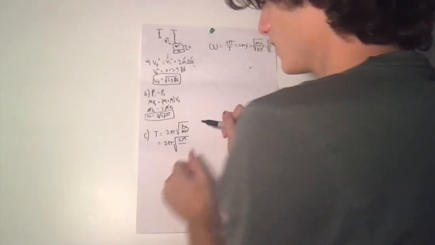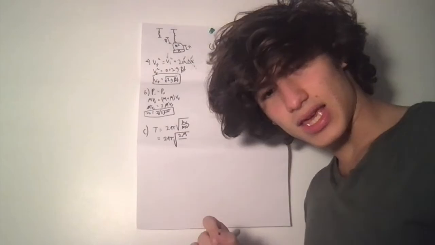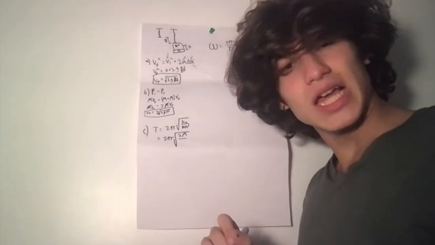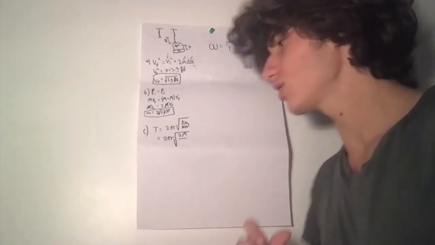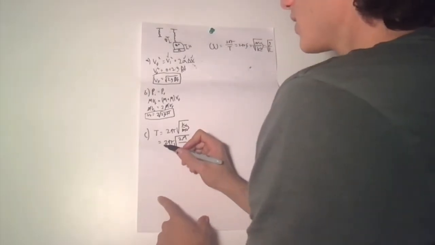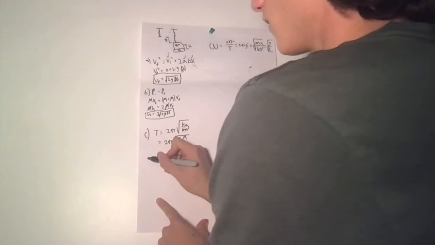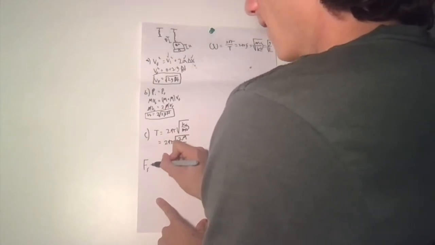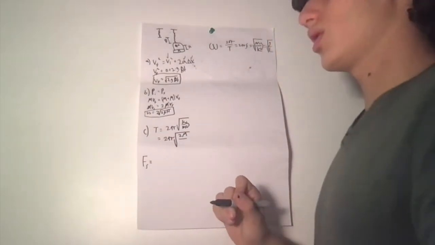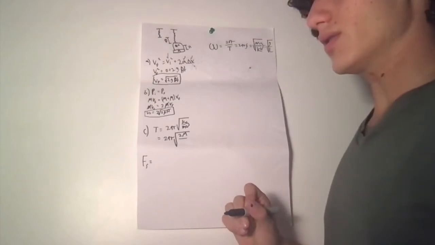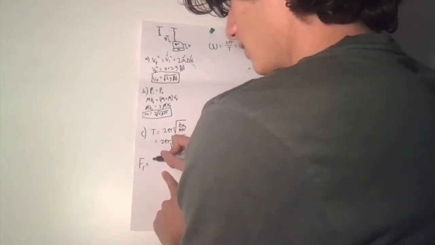I'm going to square root all this, over k. Now what is k? I don't know. Let's try and calculate what k is, right? So k, we know that the force of the spring should be equal to the k constant times displacement.